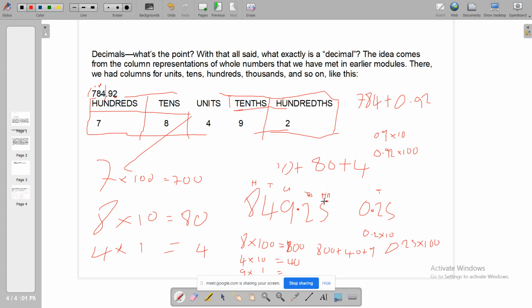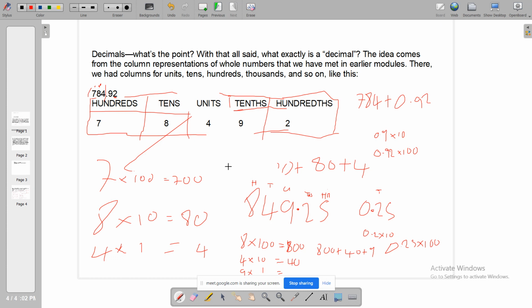I told you that when you are at the 10th, 10 of this will give you 1 unit. After the decimal point, 10 of this will give you 1 unit. So if I'm here at 8 and I add 2, it will give me 1 unit.